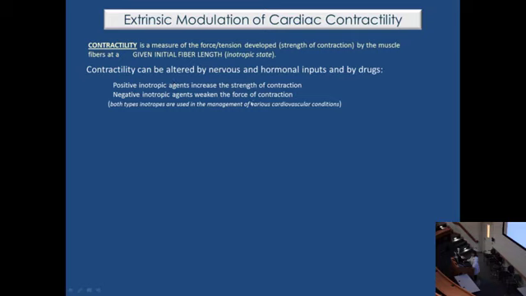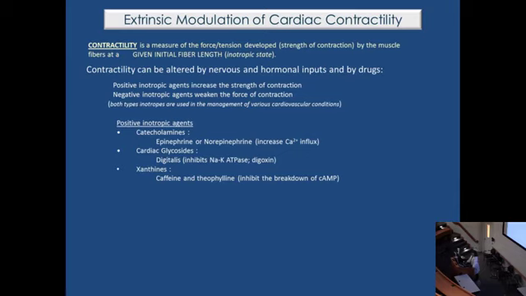But if there are agents that weaken the force of contractions, they are referred to as negative inotropic agents. Both of these types of agents are usually used to treat different cardiovascular conditions. So at some point, you are going to be working with these agents when you treat your patients, right?